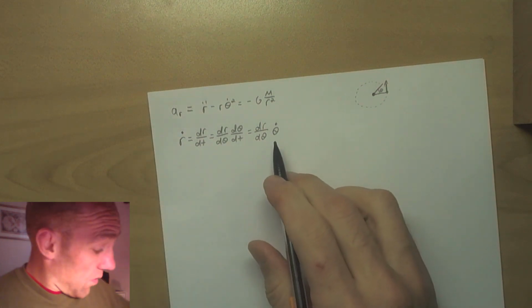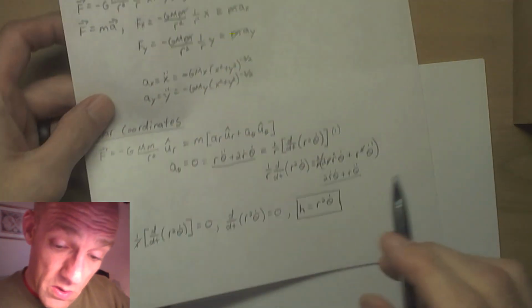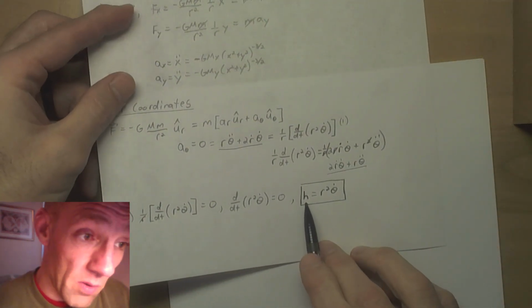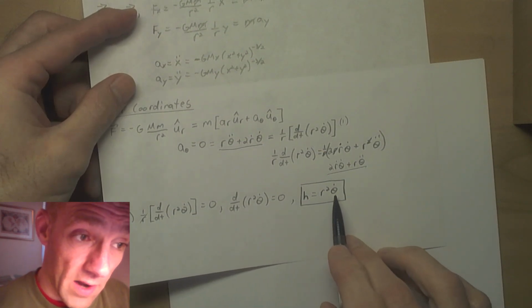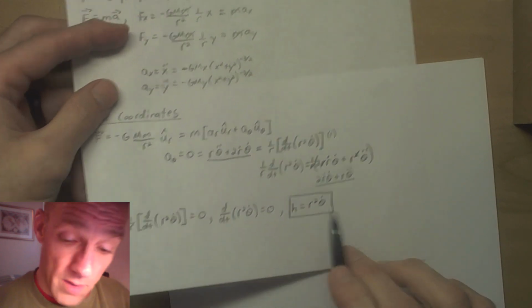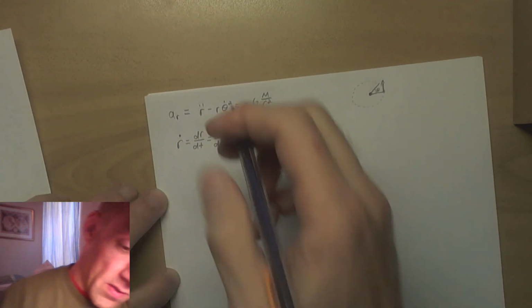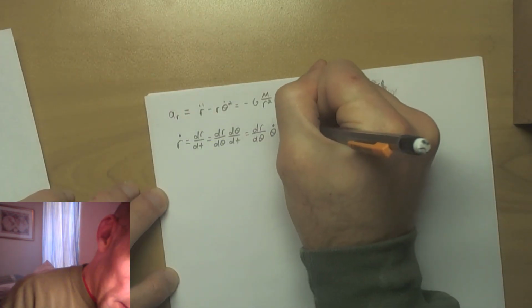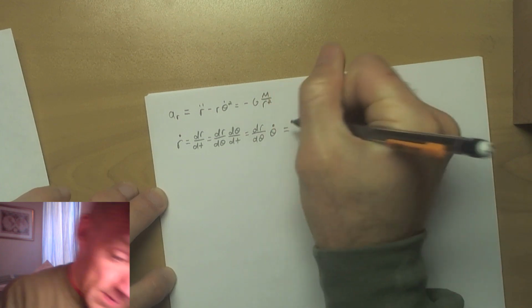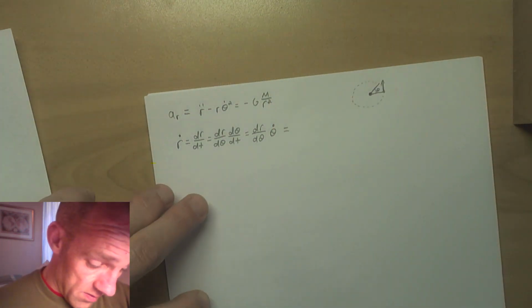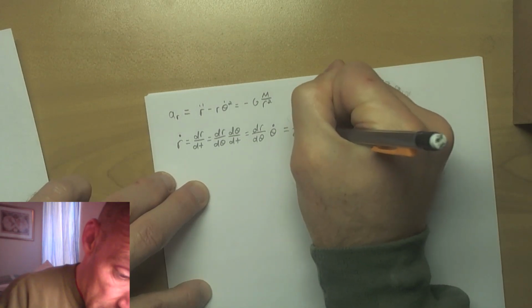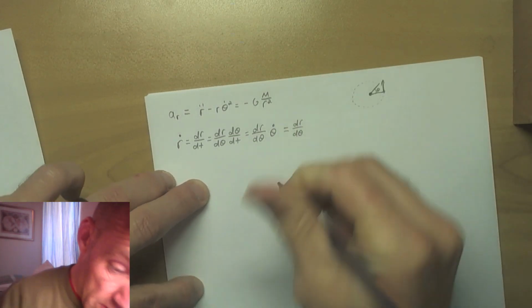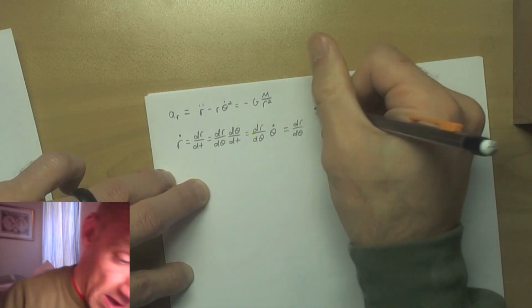Now, just a second ago, we found a relationship between this constant h and theta dot. So we can rewrite this, where theta dot is just h over r squared.